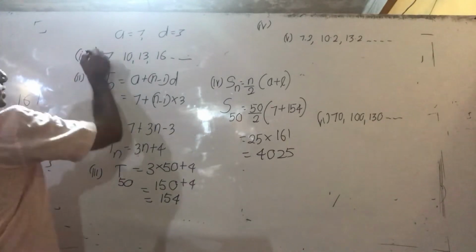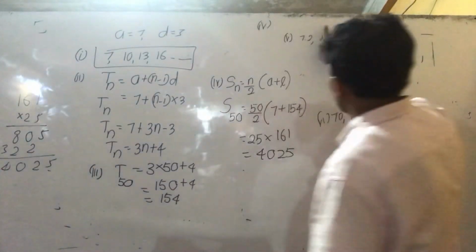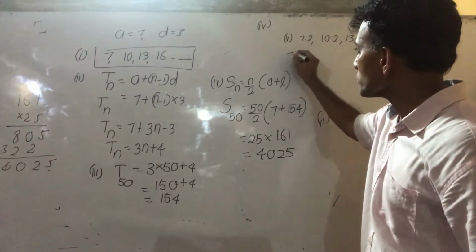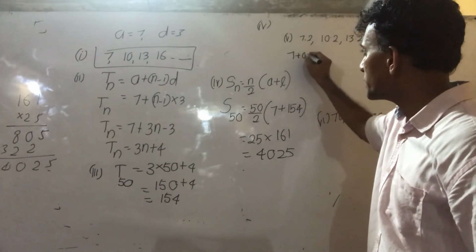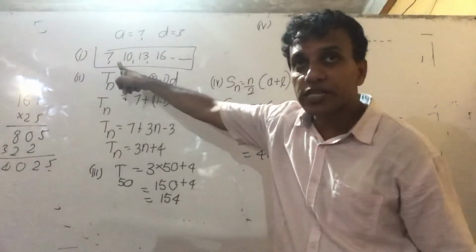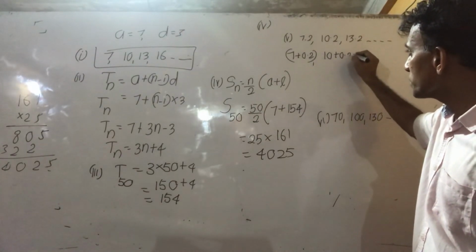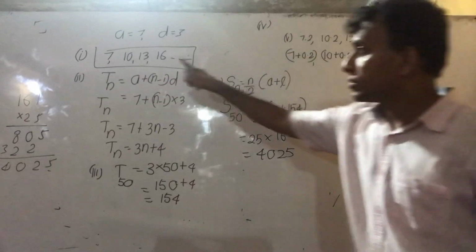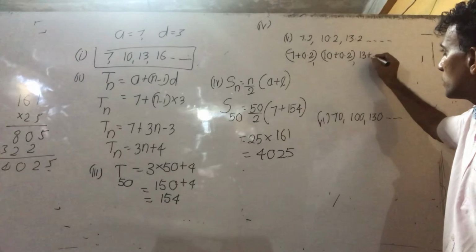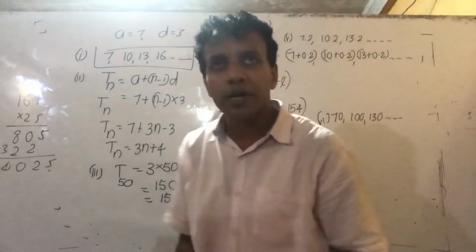See, this is the series. Now check what happened in this part. First one is 7 plus 0.2, is it? Second term, compare with this: 10 plus 0.2, is it? Okay. 13, another 0.2 added. Like that. So what happened?